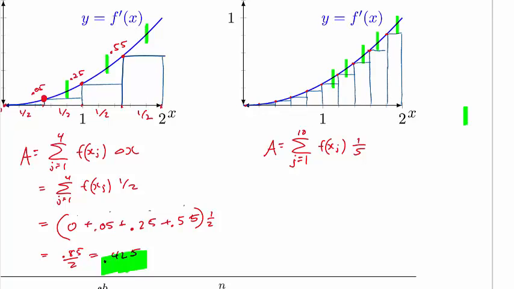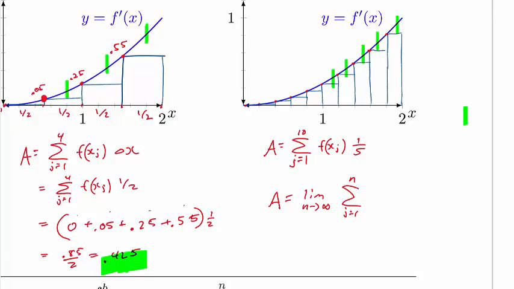So what we're going to do is, you guessed it, we're going to take a limit. So we want the limit of the partitions to approach infinity, since that will give us the best estimate.